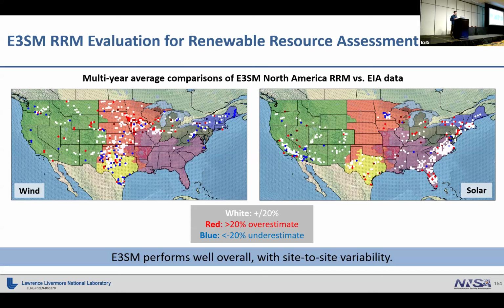So white is within plus or minus 20%, and roughly 70 to 80% of the dots on these images fall within that white category. Red is an overestimate greater than 20%, while blue is an underestimate of that same magnitude. So we can see that overall E3SM is performing pretty well. We were quite happy with this when we saw it originally, because E3SM wasn't necessarily designed to forecast renewables.